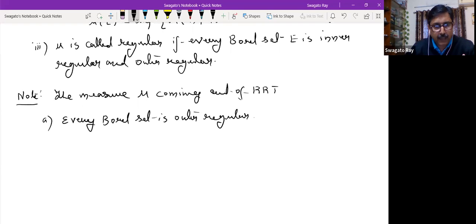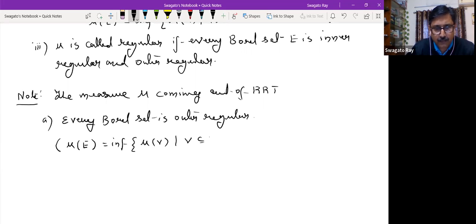This is because, as I have reminded you again, of how the measure of an arbitrary set was defined in the Riesz representation theorem. It was defined by this formula: mu of E, as long as E is any subset of X, is the infimum of mu of V, where V contains E and V is open.